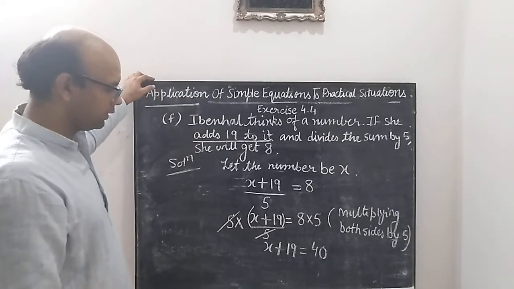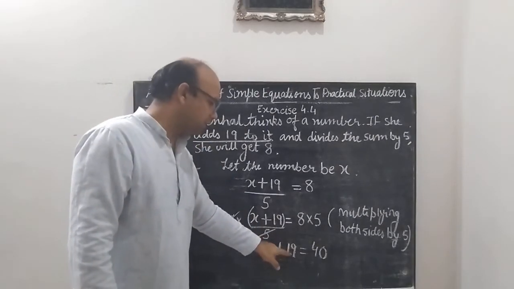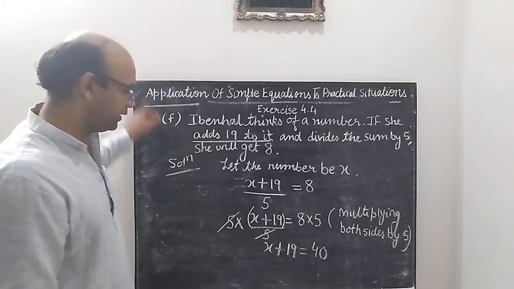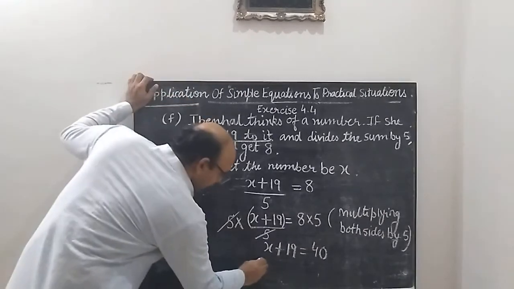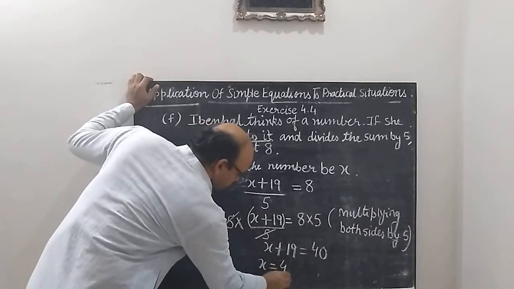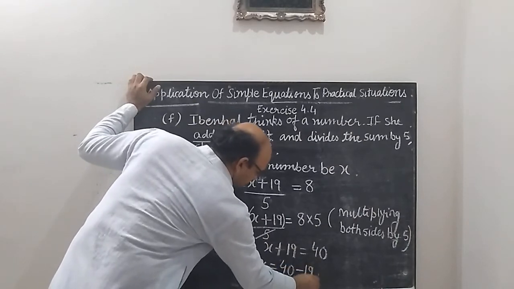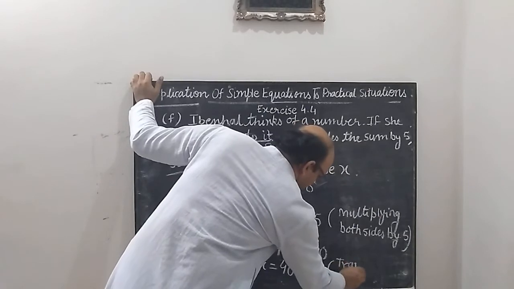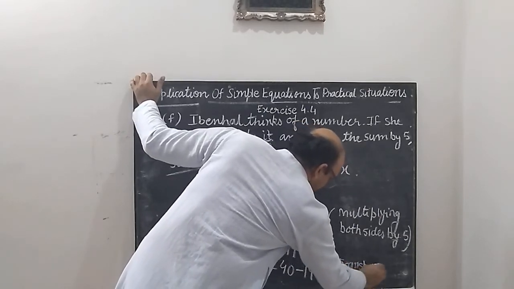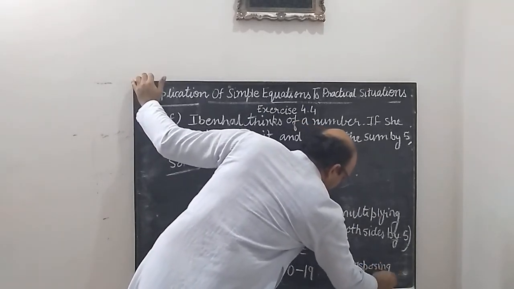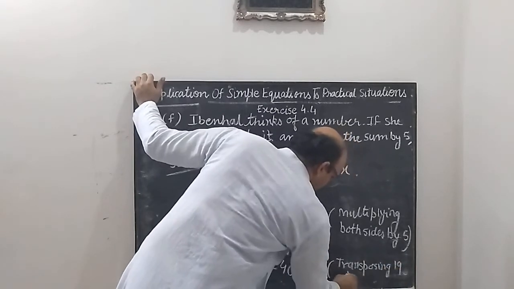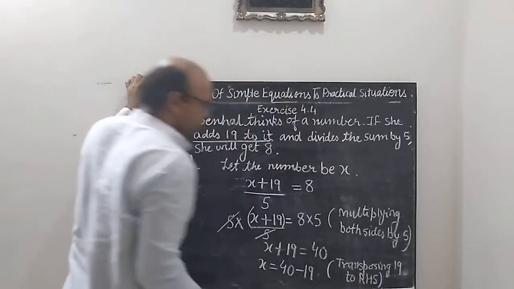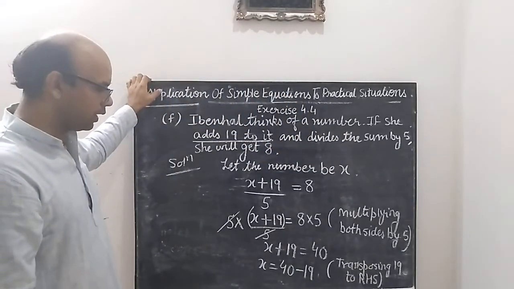Now what has to be done? We have to remove this 19, so we transpose it to the right hand side. So x is equal to 40 minus 19. We are transposing 19 to RHS.